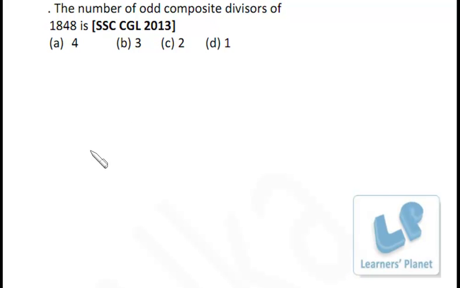The number of odd composite divisors of 1848. See, when I am discussing this question, I will explain once again how to find the total number of divisors of any given number, right? First of all, you factorize the number. Suppose you have a number n, and you factorize it and get a raised to x into b raised to y into c raised to z, and maybe more.